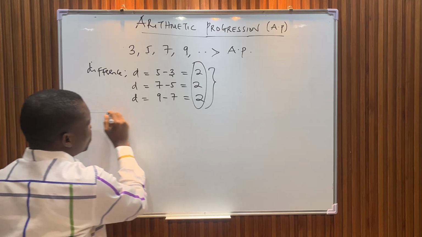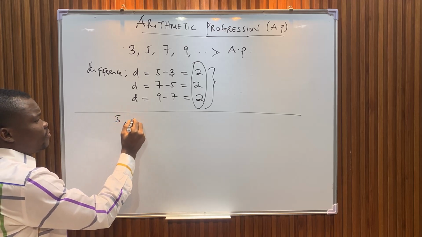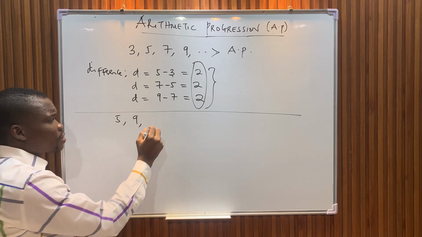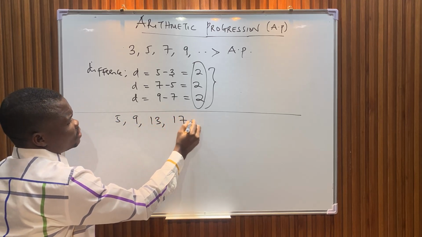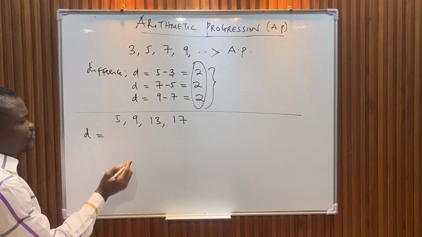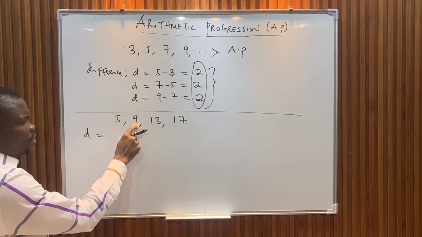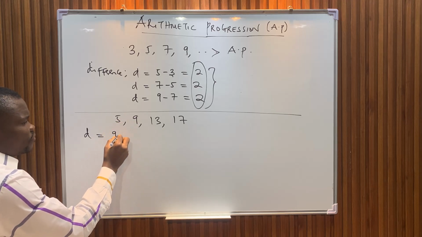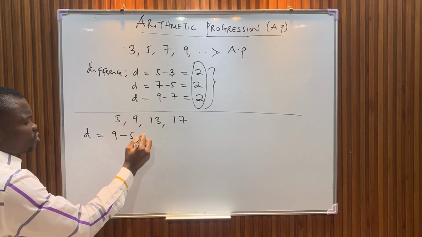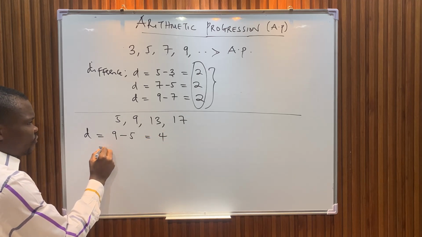Okay, let's examine the next sequence: 5, 9, 13, and 17. What's the difference between the consecutive members? Let's call the difference here D. The second term minus the first term is 9 minus 5, and that gives us 4.